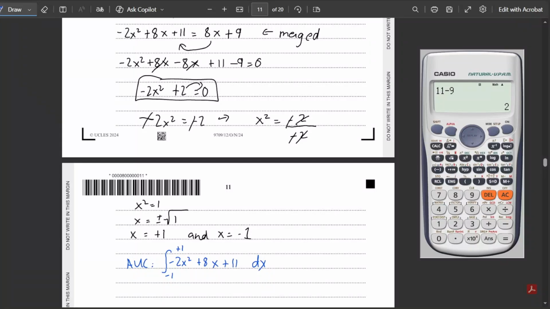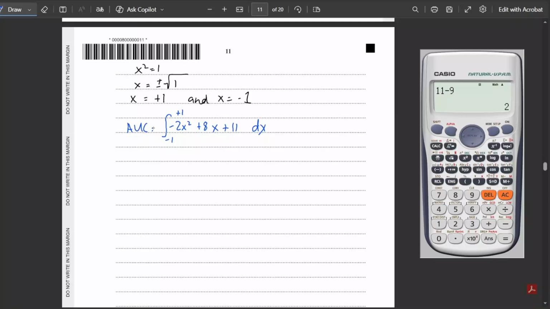Now you can do integration how you've learned it. Of course, everybody learns integration differently. So I'm just going to integrate it. So this term is going to be integrated, this term is going to be integrated, and this term is going to be integrated. I'm going to get 11x, and this term is going to give me x squared over 2, and the 8 obviously is going to be there.